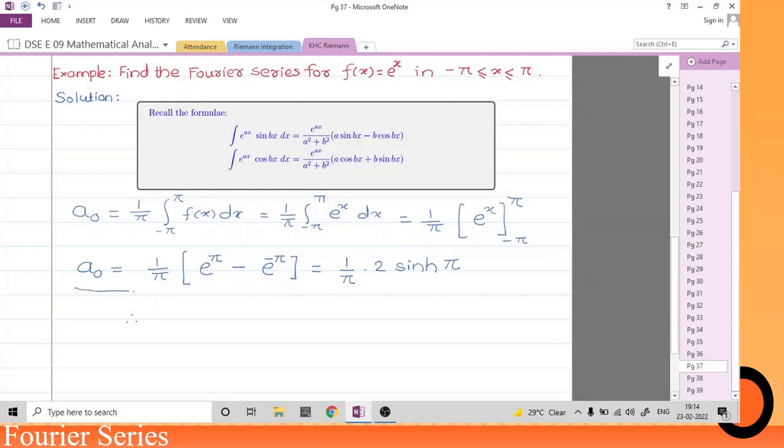You can either take a0 is equal to this much, 1 upon pi inside bracket e raised to pi minus e raised to minus pi, or you can also take a0 is equal to 1 upon pi into 2, that I can write 2 upon pi into sine hyperbolic pi. Both values are admissible.